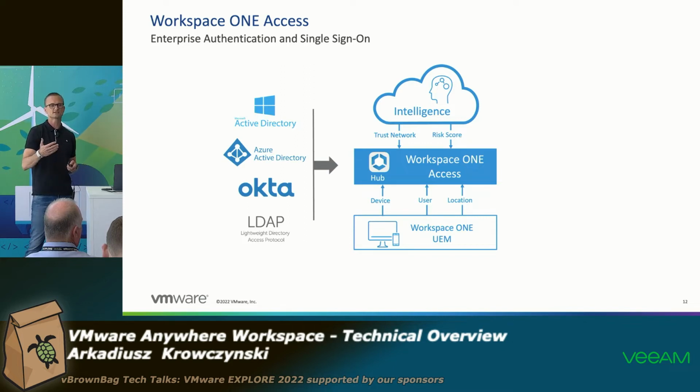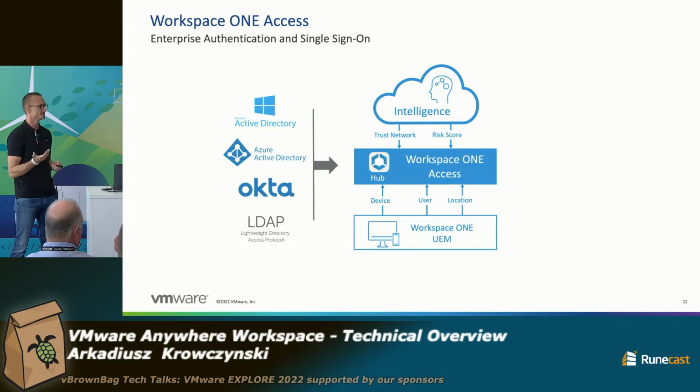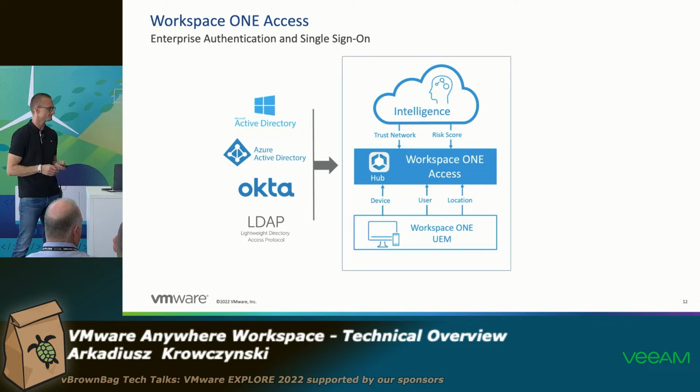Means that we can decide, or we can let Intelligence decide, when the user is coming from an untrusted network, that she or he needs to do an MFA authentication to get access to the internal network or to an application. Everything is combined together, and everything is within one cloud services console.